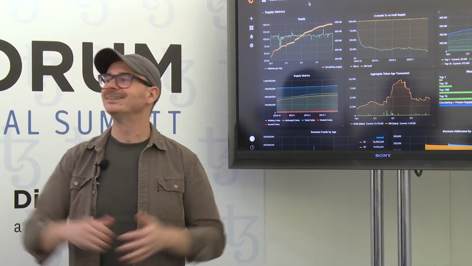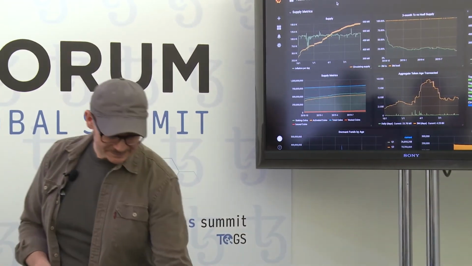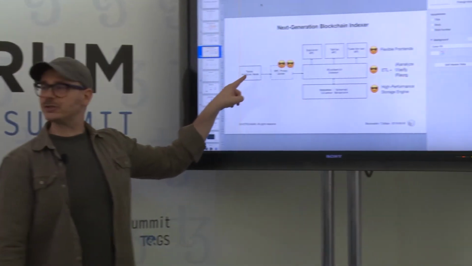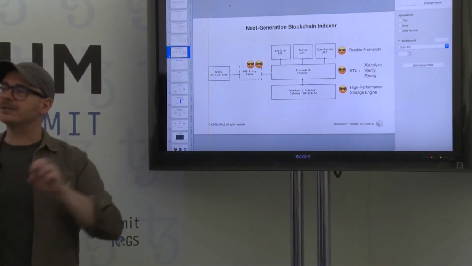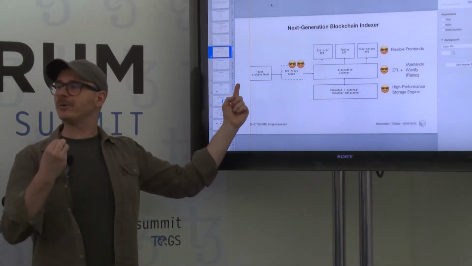Another question, is it static data we should just once upload, or is it live as new blocks get baked? Yeah, so as blocks get baked and distributed through the network, our archive node picks them up.